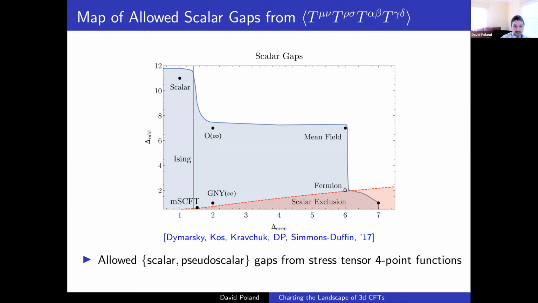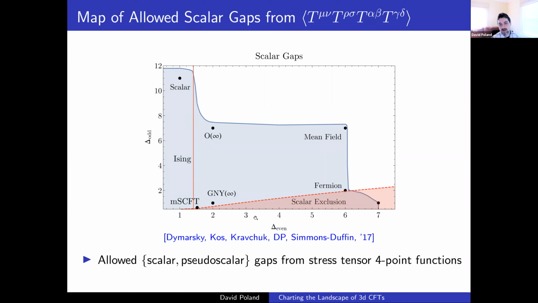Free fermion theory lives over here at 6,2. The large N limit of the O(N) models lives here at 2,7. The large N limit of the Gross-Neveu-Yukawa models lives down here at 2,1. The Ising model, we think, lives somewhere at the top of this jump. And this minimal supersymmetric extension of the Ising model, or N equals 1 Gross-Neveu-Yukawa model, lives down here.